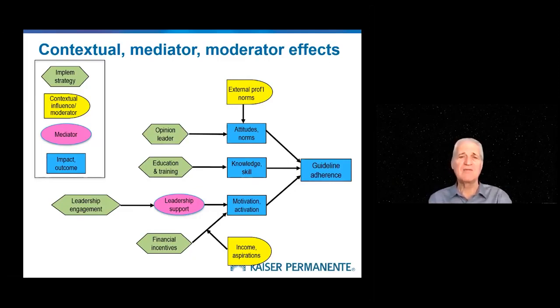So again, we have complicated causal chains and causal effects with different mediation and moderation, different external contextual influences. And this is the sort of scenario that we often are trying to study and change as implementation researchers.